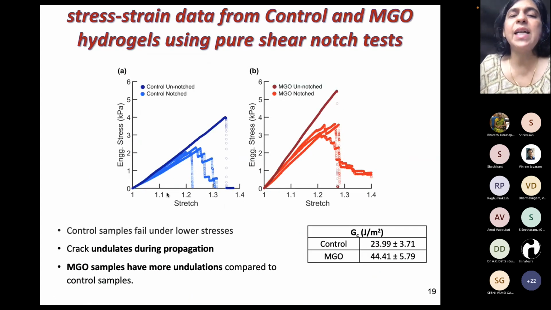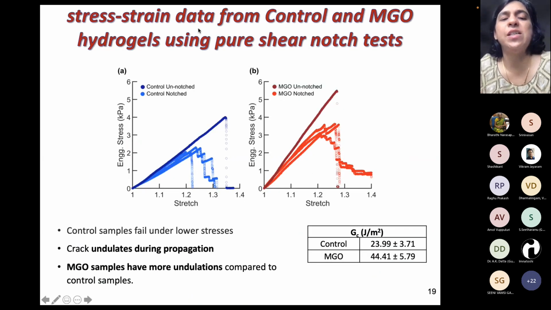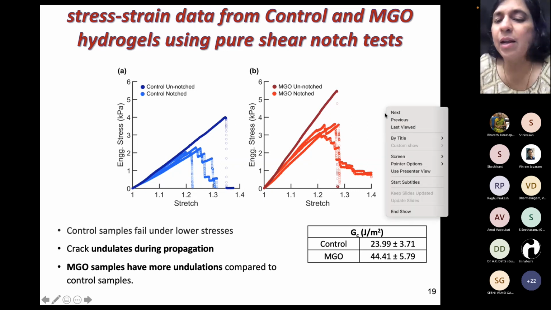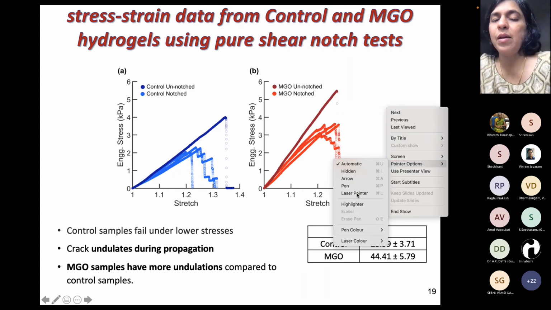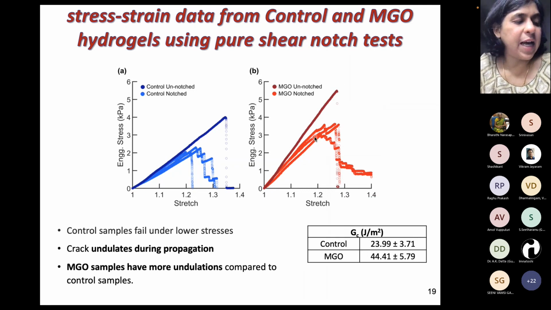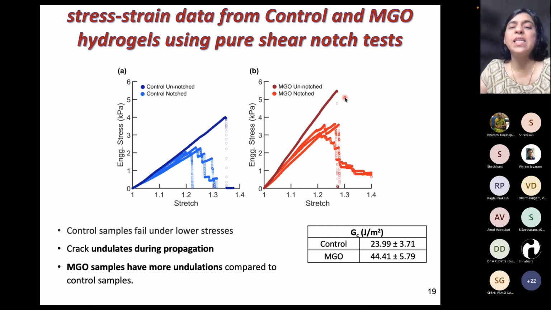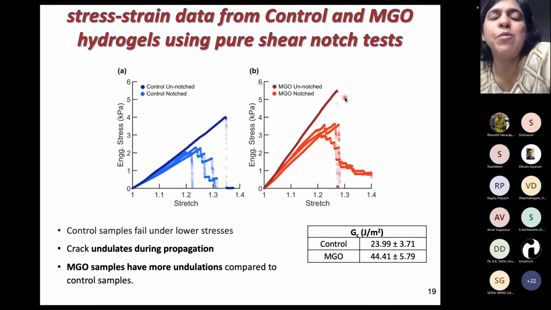With this, we went and did the experiments for stress strain, and what you see in the dark line is the unnotched sample for the control hydrogels, and this one on the right hand side is the one for, let me get back my laser pointer. So the one on the right-hand side is the data for the NGO samples.